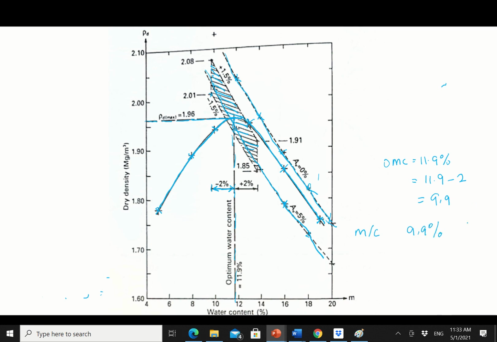For the condition of plus or minus 1.5% air void, negative 1.5% air void and then positive 1.5% air void content.